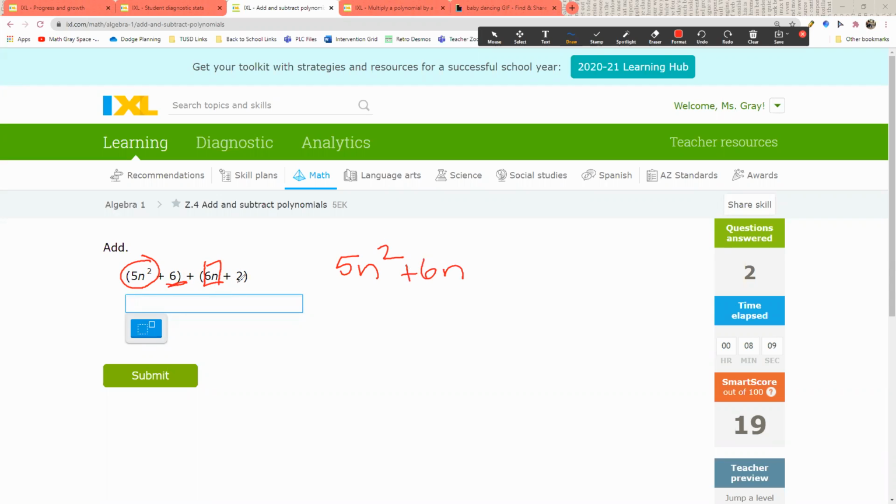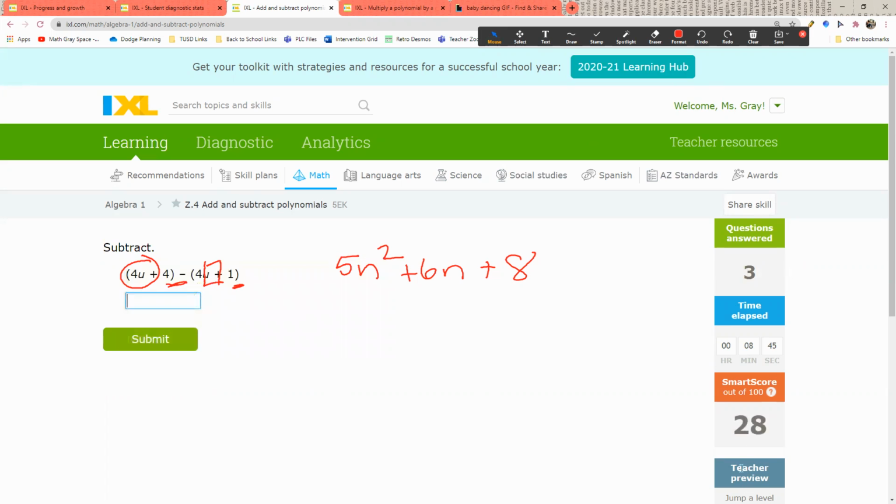And then I have a positive 6 and a positive 2. So 6 plus 2 makes 8. So this ends up being 5n squared plus 6n plus 8.